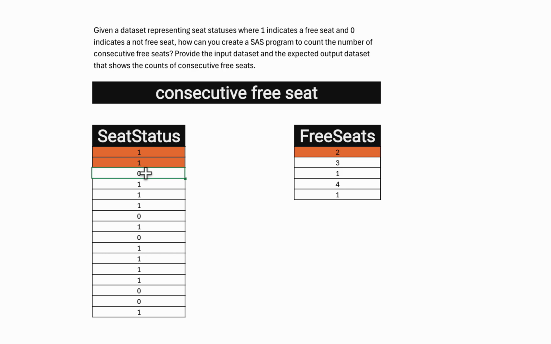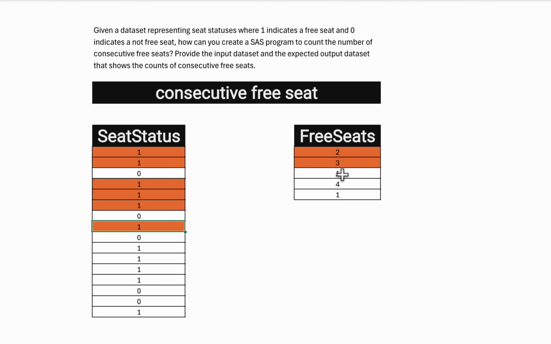After that we have this 0, that means we don't have any free seat. Again we have 3 consecutive free seats available. That is why its count is 3, which is reflecting in this free seats dataset. Again we have a not free seat and then we have one free seat.